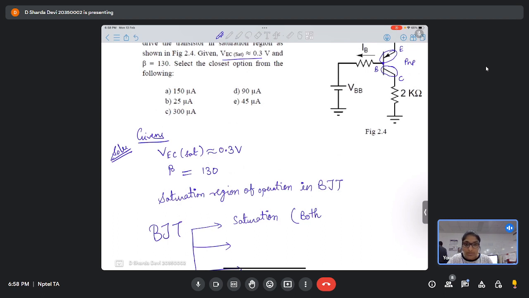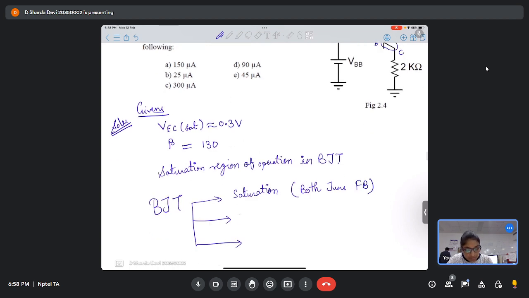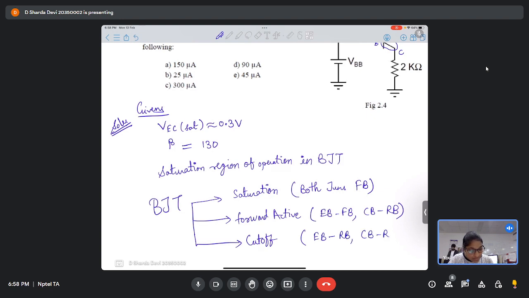When we talk about saturation region, both junctions will be forward biased. When we talk about forward active, the emitter base junction is forward biased and the collector base junction is reverse biased. When we talk about cutoff, the emitter base junction is reverse biased and the collector base is also reverse biased.